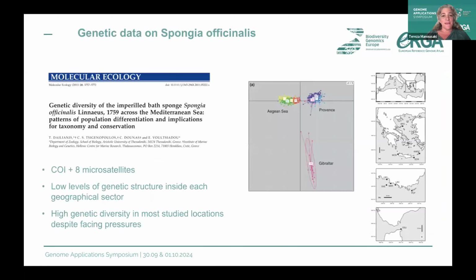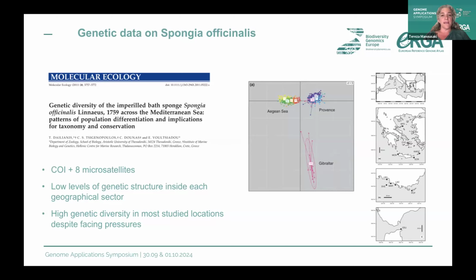However, there has been one major PhD from my colleague Thanos Delianis, with whom we have both designed this, which is the genetic analysis of this particular species using microsatellites in a study 15 years ago, which is where I have access to all their samples. So he did an extensive sampling. He has sampled about 500 samples across the Greek seas that he has studied with microsatellites.